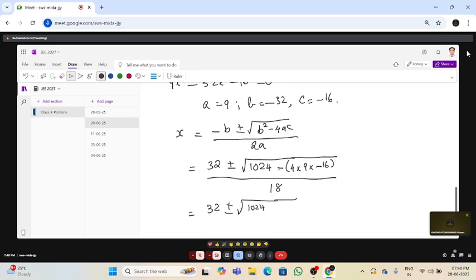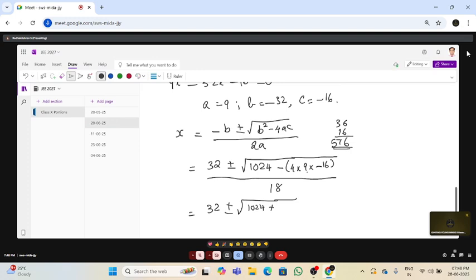So this is now minus into minus plus. 4 9s are 36 into 16. So what is 36 into 16? 576.